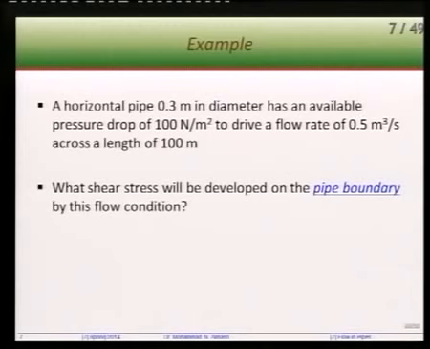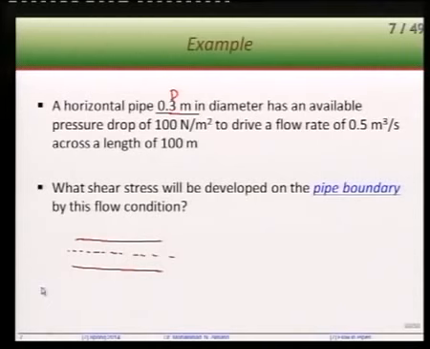Horizontal means delta z equals 0 immediately. 0.3 meter in diameter. So this is D. Horizontal pipe means this is a pipe, this is the center line generally.